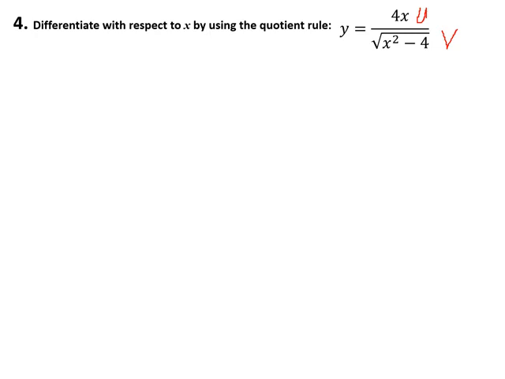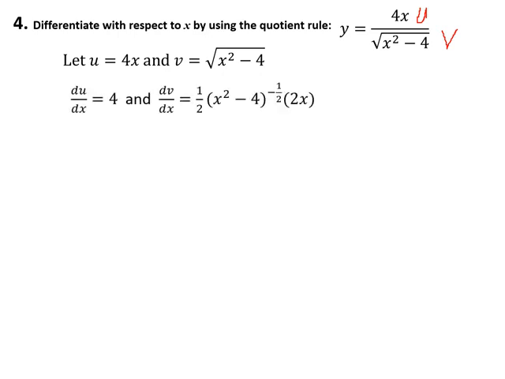And for the quotient rule, we have to make u equal to 4x, and that square root of x squared minus 4 will be our v, right? Then because of the square root, we know we have to express it as an exponent. So when we differentiate, du over dx gives us 4.